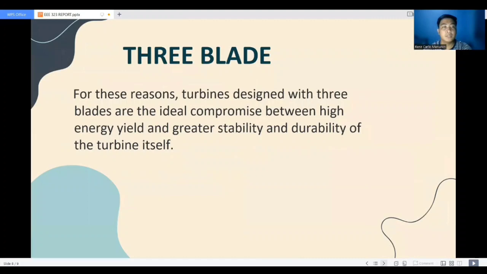And this 3-blade naman ay isang disenyo na may 3 blades ay ang ideal na kompromiso sa pagitan ng mataas na ani ng enerhiya.